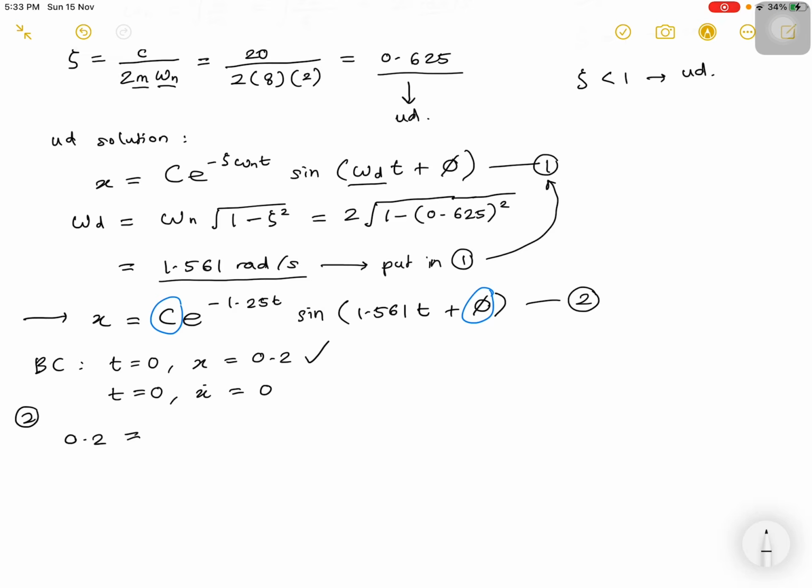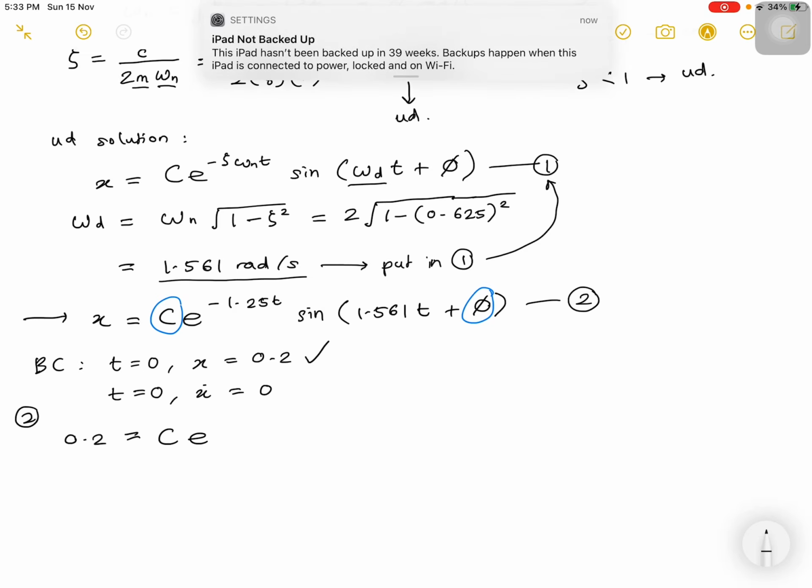So we have 0.2 equal to c e to the power of 0, since t is 0, times sine of 0 plus psi.